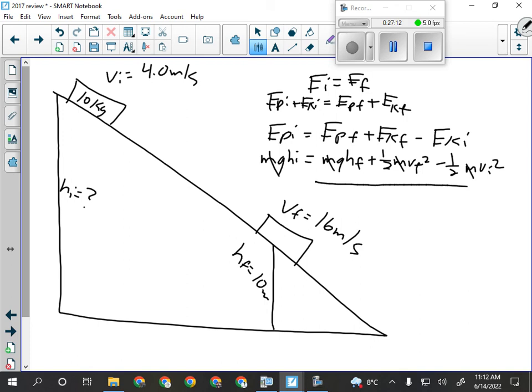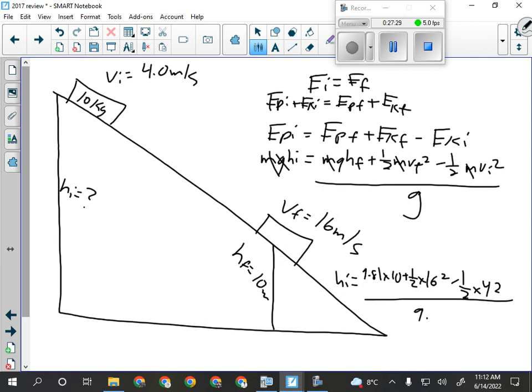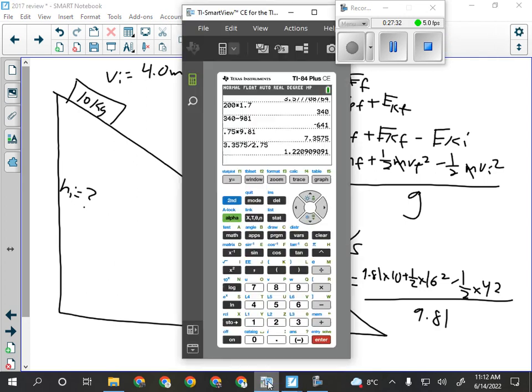And then I just divide both sides by g, and that'll leave me with h initial. So h initial will equal 9.81 times 10, plus 1/2 times 16 squared minus 1/2 times 4 squared, divided by 9.81. Okay, so our initial height of the hill is 22 meters.